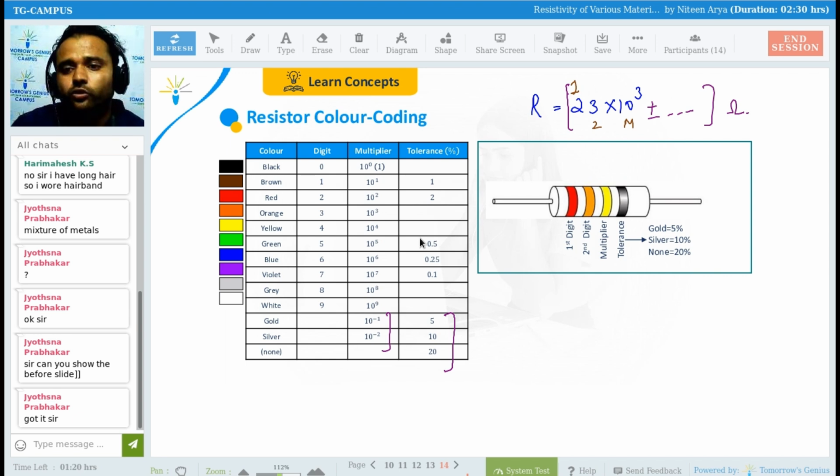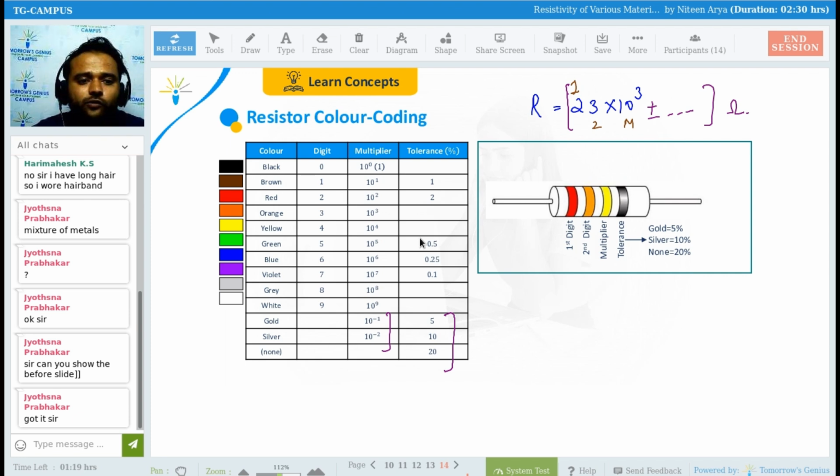You start with 0. The first digit is the first significant figure, the second digit is the second, then the third color gives you the multiplier. Suppose here it is yellow, so yellow has 4.